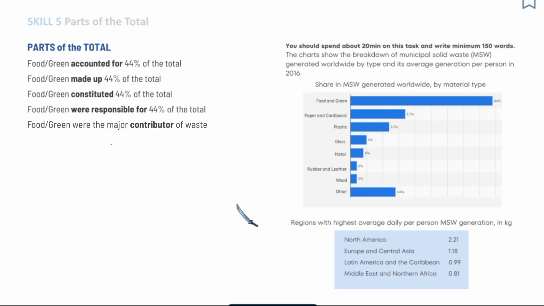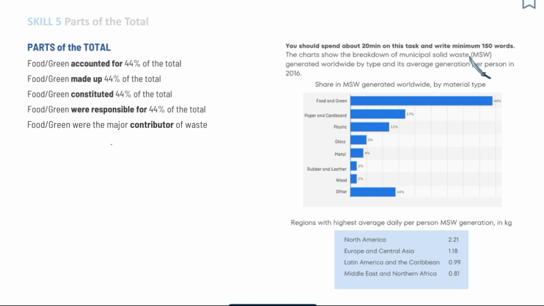Finally, I would like to talk to you about these verbs over here. All the examples are made about food and green. Now, what is food and green? So in this graph over here, we are dealing with municipal solid waste. So the charts show the breakdown of municipal solid waste generated worldwide.